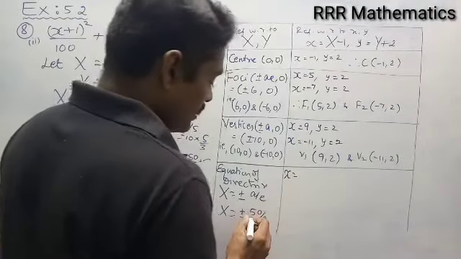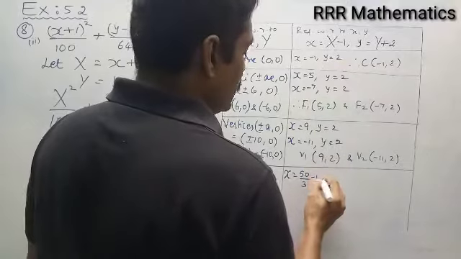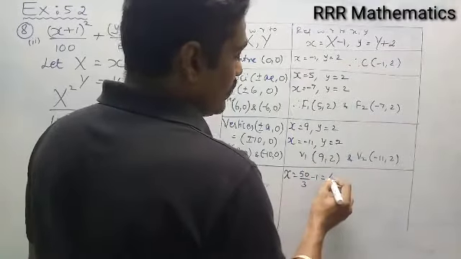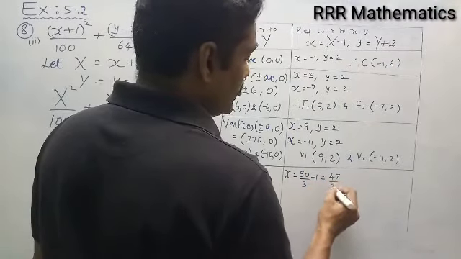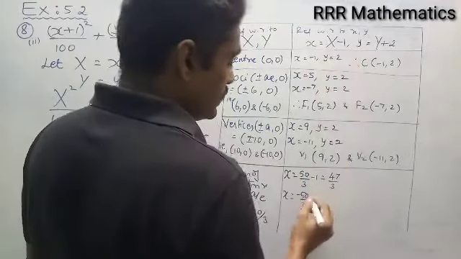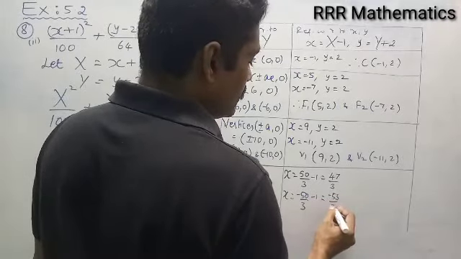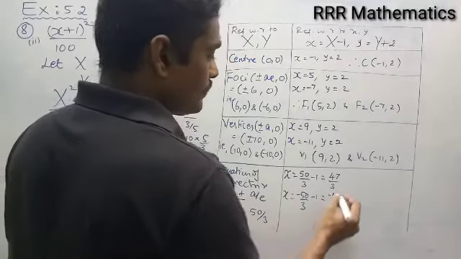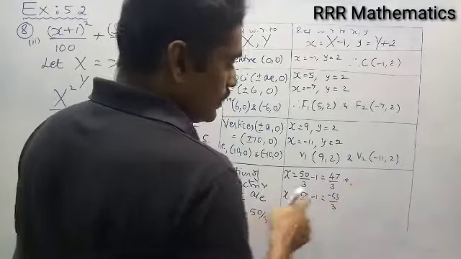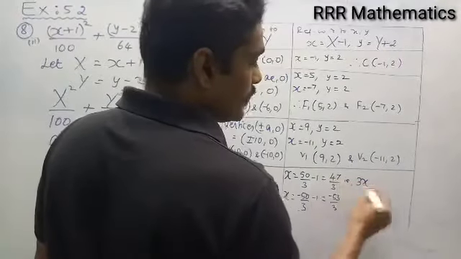Small x will be plus 50 by 3, capital X minus 1. After taking LCM, it will be 50 minus 3, 47 by 3. And minus 50 by 3, replace here. After taking LCM, minus 50 minus 3, minus 53 by 3. That is, cross multiply. 3x equal to 47.